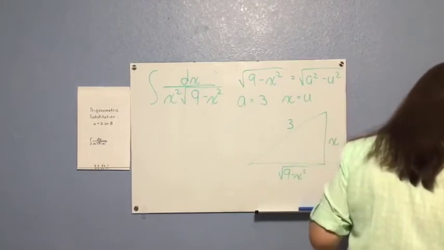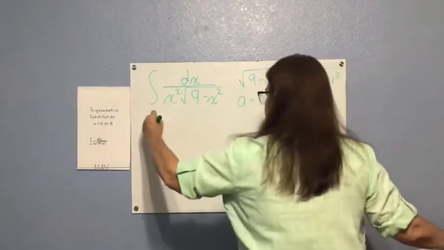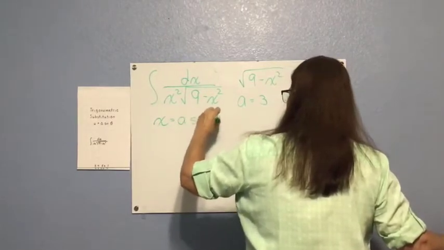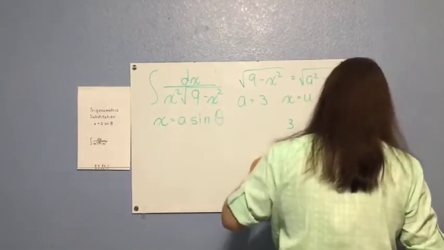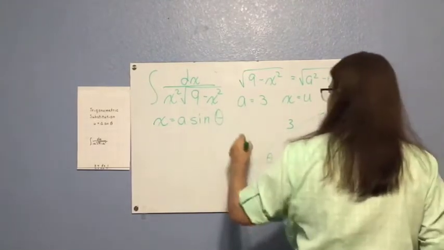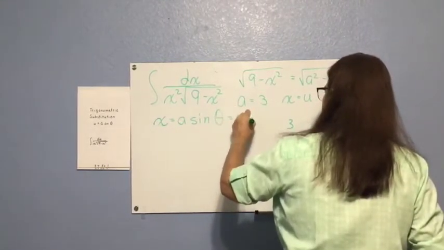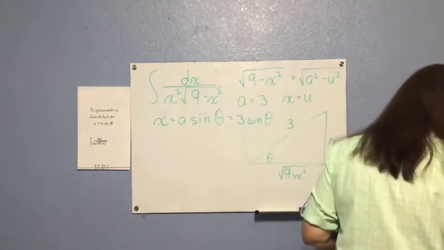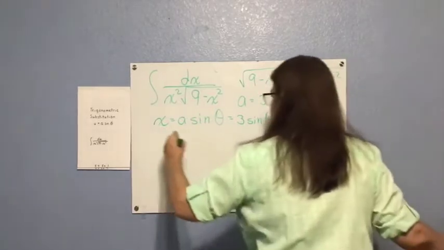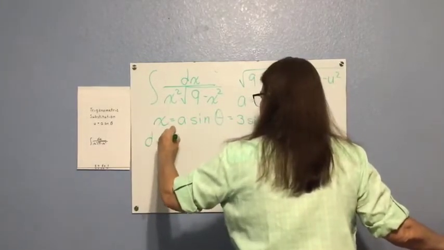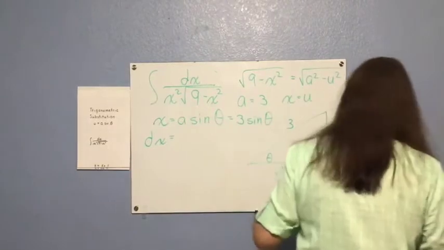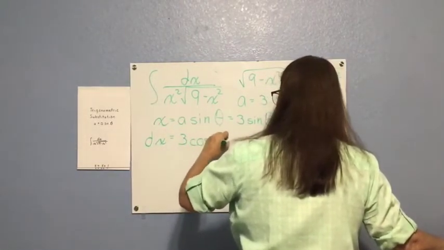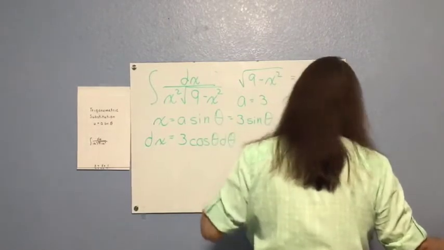From the triangle, I can see that x is equal to a sine theta. Here's my theta, which in this case is going to be 3 sine theta. Dx will then be 3 cosine theta d theta.